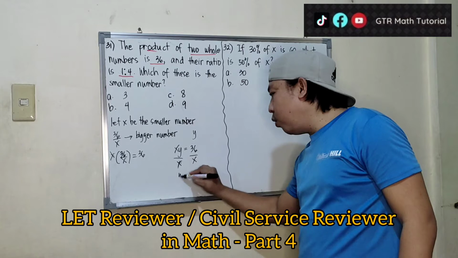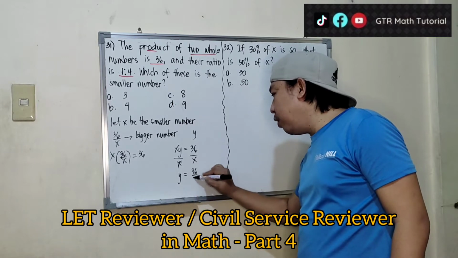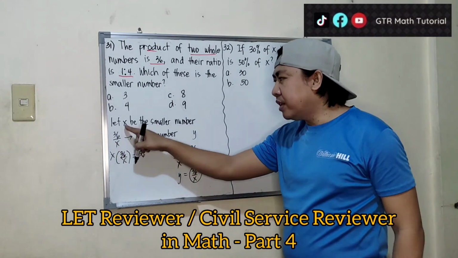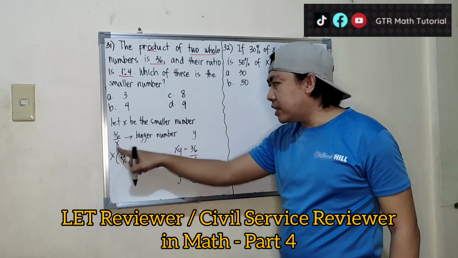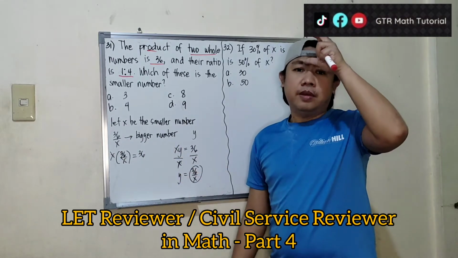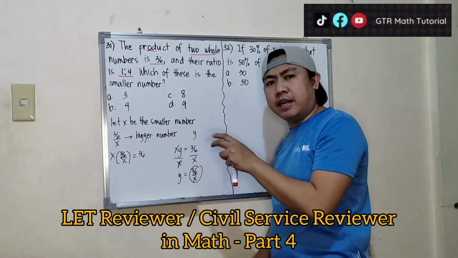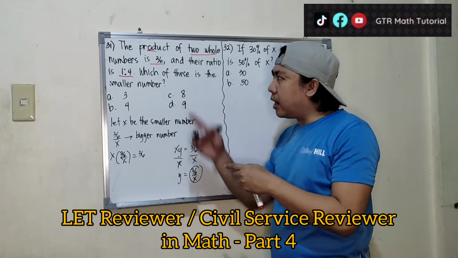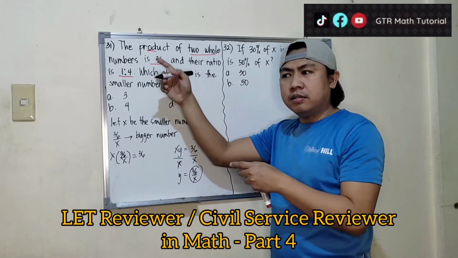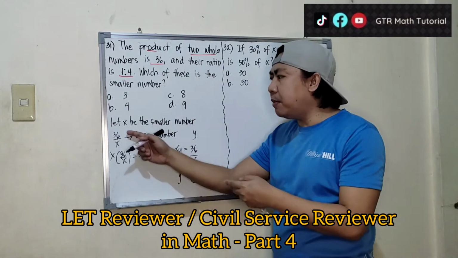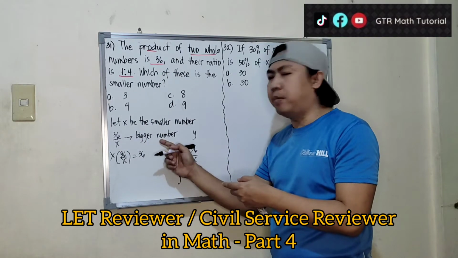Therefore, y is equal to 36 over x. X, smaller number, 36 over x, bigger number. Isipin nyo na lang yung kabaliktaran ng multiplication is division, kaya dinivide natin yung 36 sa x. Ito yung bigger number natin.